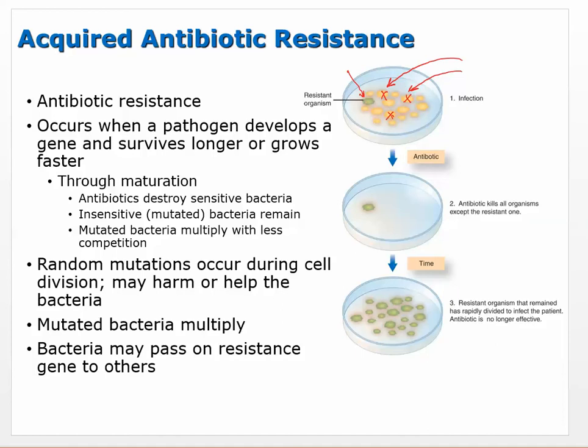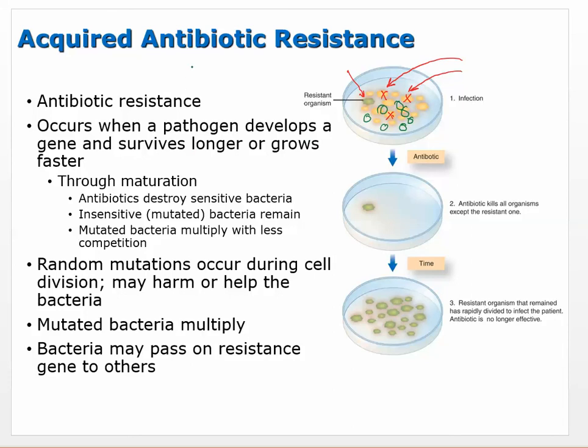And so that resistant one has the opportunity to start dividing, and then it can take over. So if you're this guy here, you're in trouble. This is a petri dish. But if the resistant form is able to take over, then giving the same antibiotic again isn't going to have any effect, because now it's resistant.